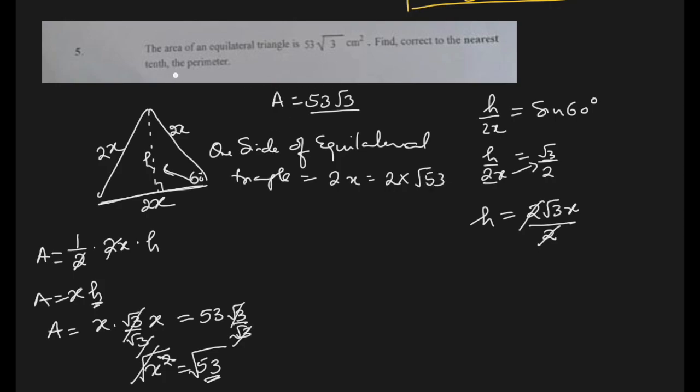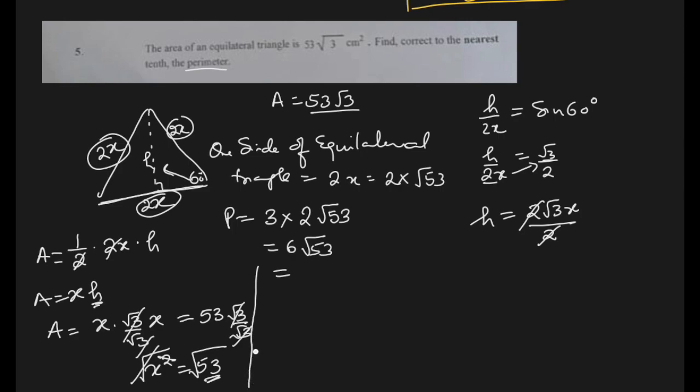But finally they were asking what is the perimeter. So perimeter will be 3 times, because all three sides are 2x, 3 times 2 square root 53, which is 6 square root 53, and we have to give this answer to the nearest tenth.